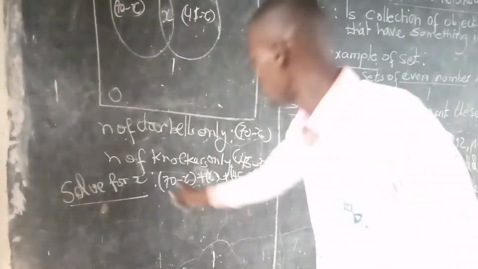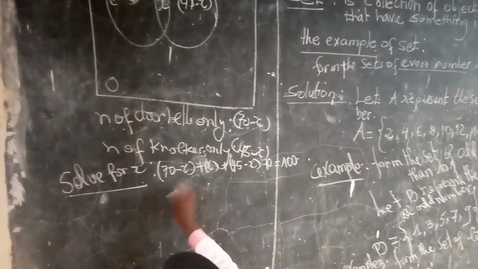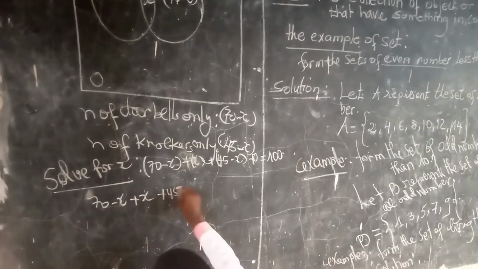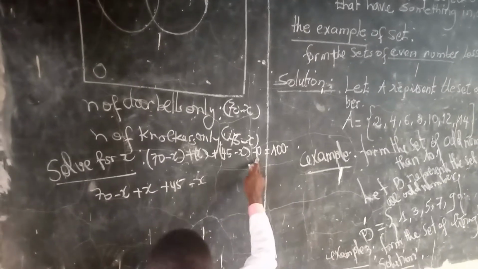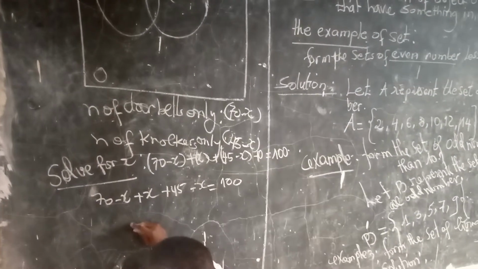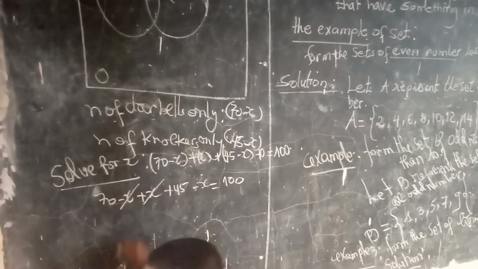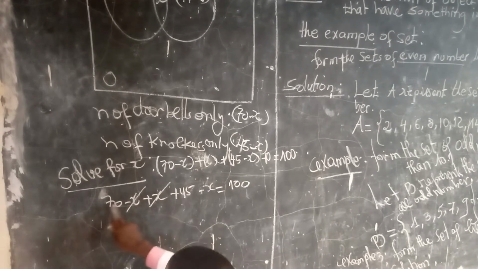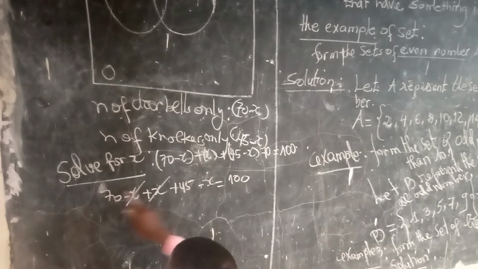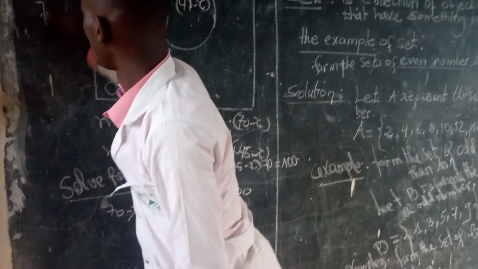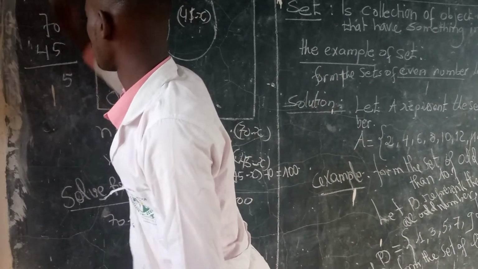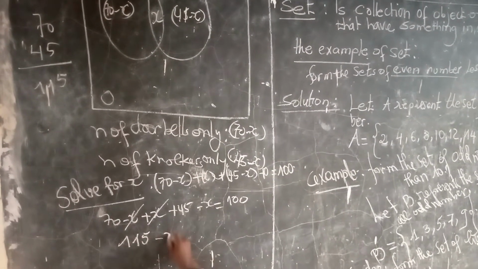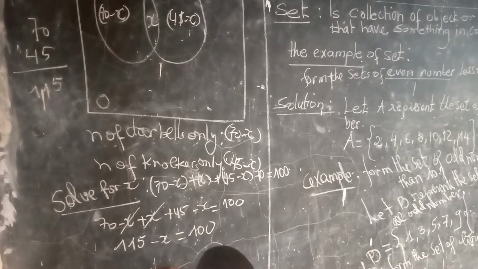We are going to solve by removing the bracket: 70 minus x plus this x plus 45 minus this x plus 0 will be equal to 100. We simplify, we cancel this negative and positive, which automatically gives us 0. We add the same things, the same unit: 70 plus 45 is 115, minus this x, which will be equal to this 100.